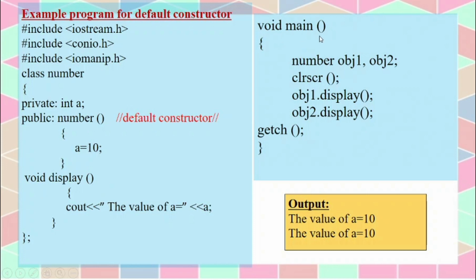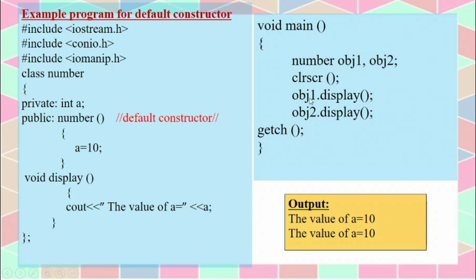Then in the void main, the main program, we are writing the class name number. Using the class name number, we are declaring two objects. So the constructor member function means what? The constructor member function is automatically called when we create the object. So when you are creating object 1, automatically this member function will be called. So for each object created, this member function will be called.